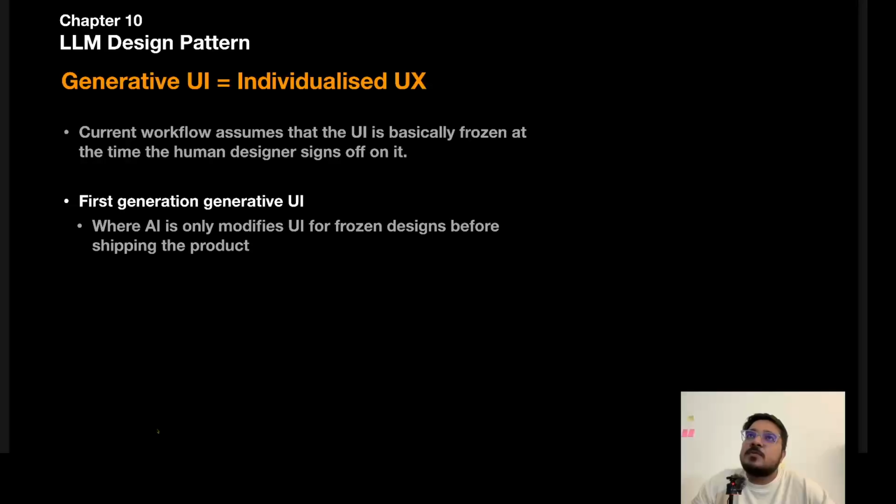But this one is important, where he's talking about what generative UI is and what individualized UX is. Both are actually the same. Currently our workflow assumes that UI is basically frozen at the time the human designer signs off on it. Like how we design currently in any corporate, you do a developer handoff, and at that moment your design freezes.